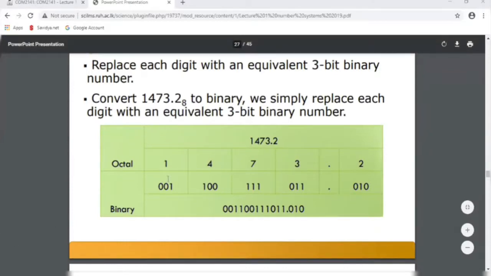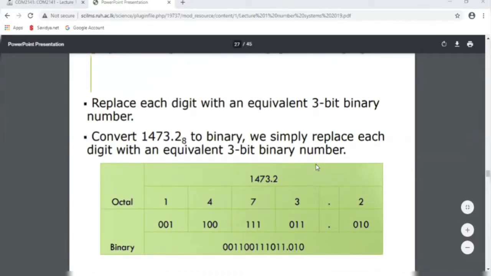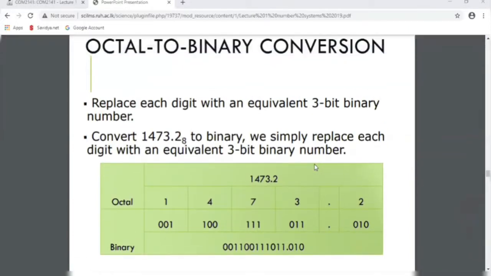Then after that you can write the whole number in binary form. This is mainly because 8 is equal to 2 to the power 3, so we need 3 positions to represent a single octal digit in binary.